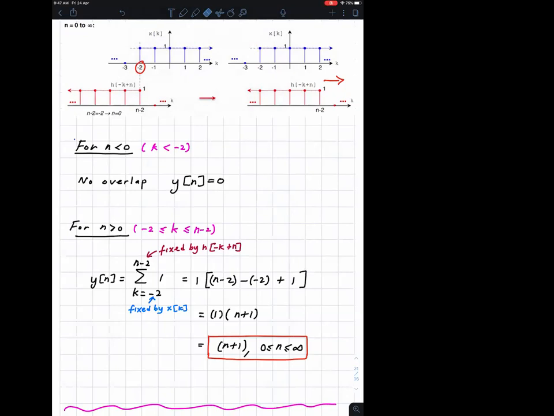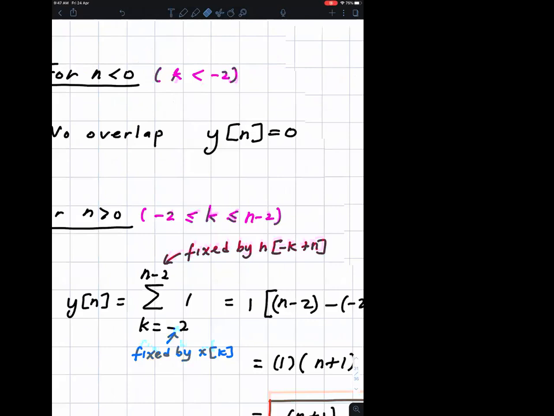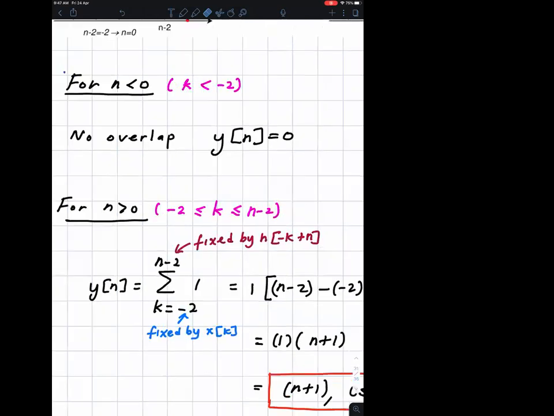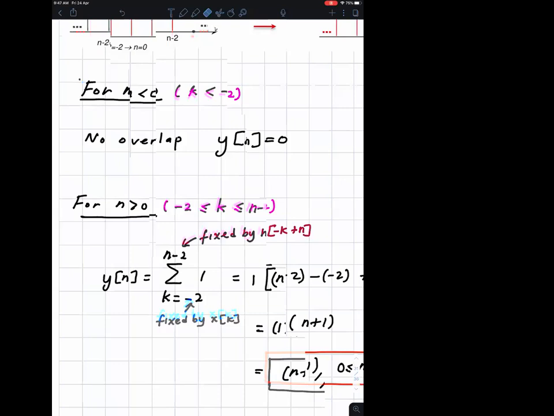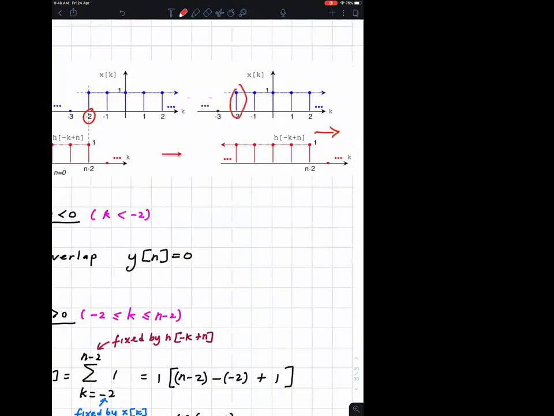One more time: minus 2, the lower limit for k, is decided by the xk signal. It's 0 everywhere below this. This is the beginning of the non-zero signal. So that becomes the lower limit. The upper limit: this is a non-zero signal going up to infinity, so that cannot determine your upper limit.